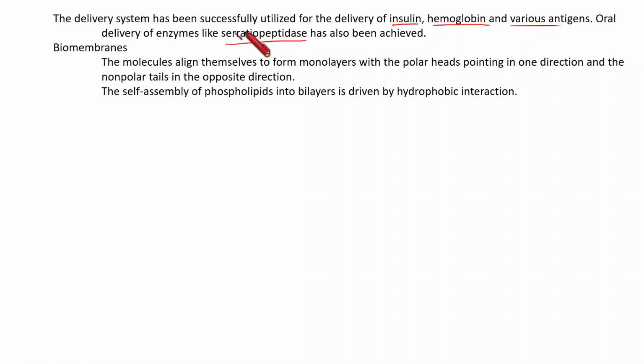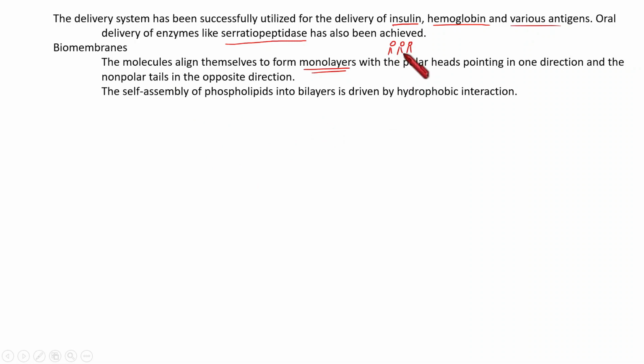Another property of phospholipid is that it can form biomembranes. How? By aligning themselves to form monolayers, with their polar heads pointing in one direction and the non-polar tails in the opposite direction.